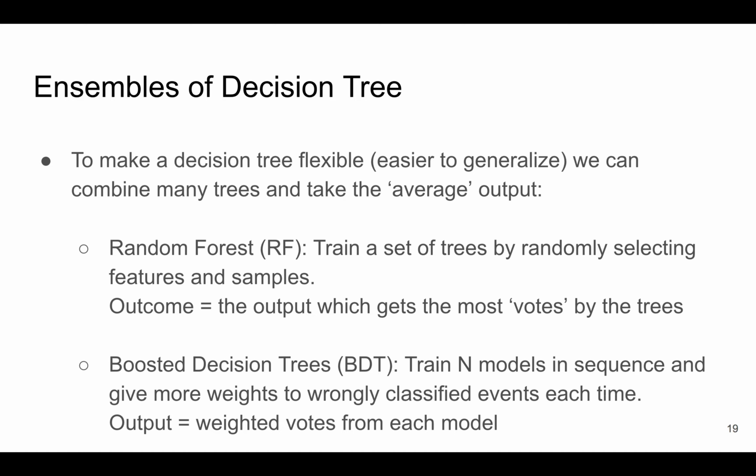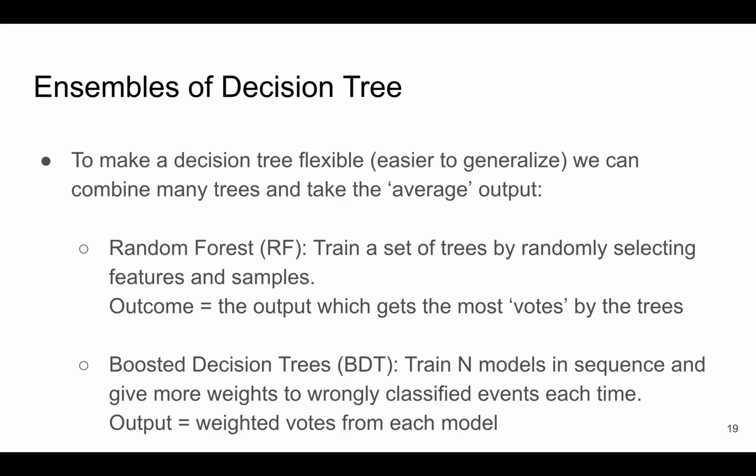A useful extension is to use an ensemble of decision trees, which makes the model more flexible, or easier to generalize to new samples, by combining many trees and taking the average output. One way is to build a random forest, which means we train a set of trees by randomly selecting features and samples, and the outcome is the output which gets the most votes by the trees.